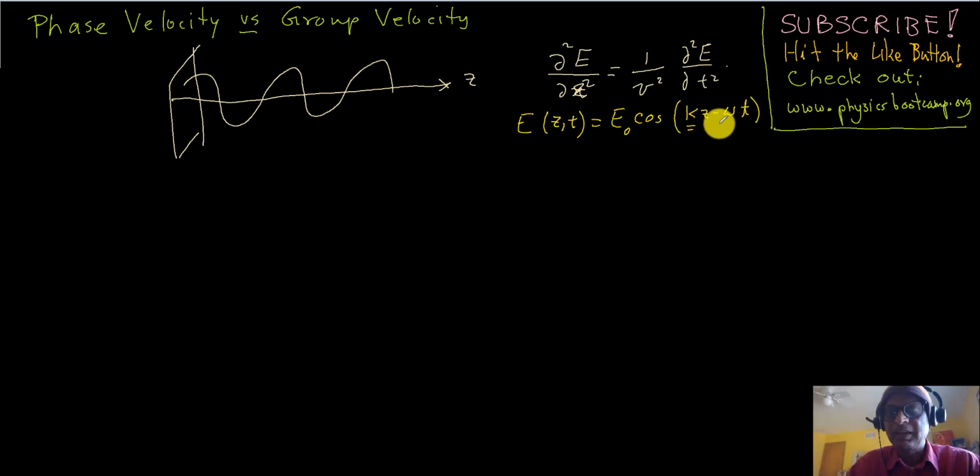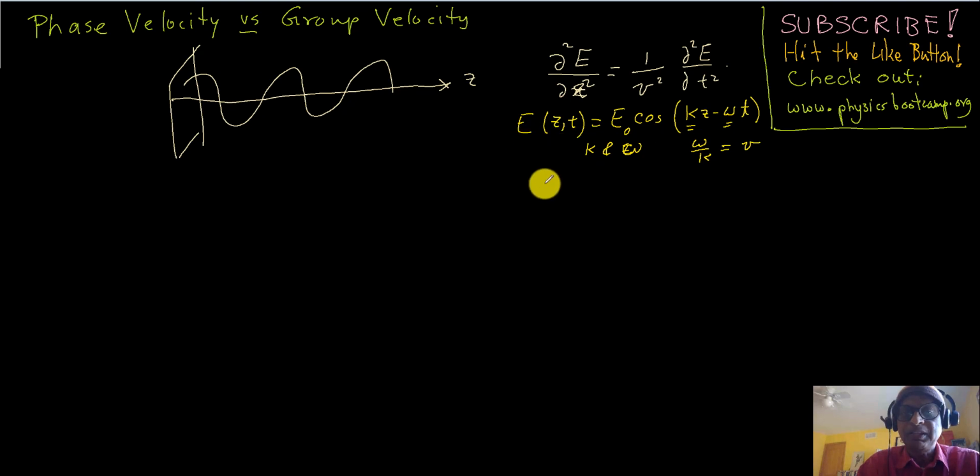This k and omega are some constants, and if you plug in there, you will see k and omega must be related: omega over k is going to equal v. And so right now v is just some constant, right?